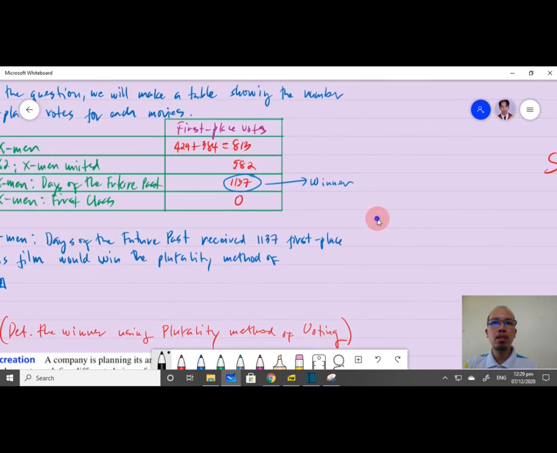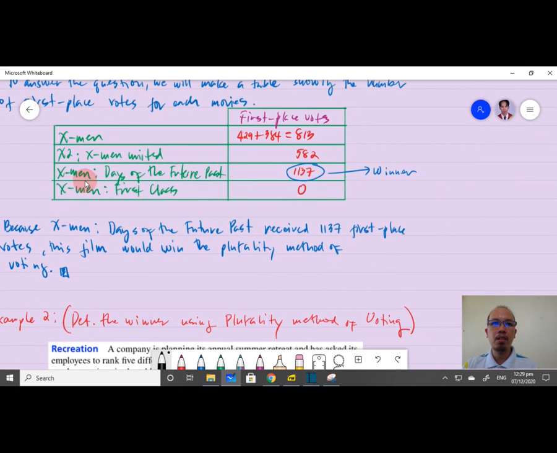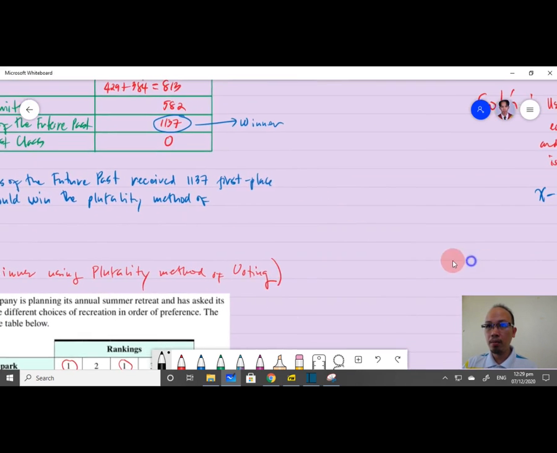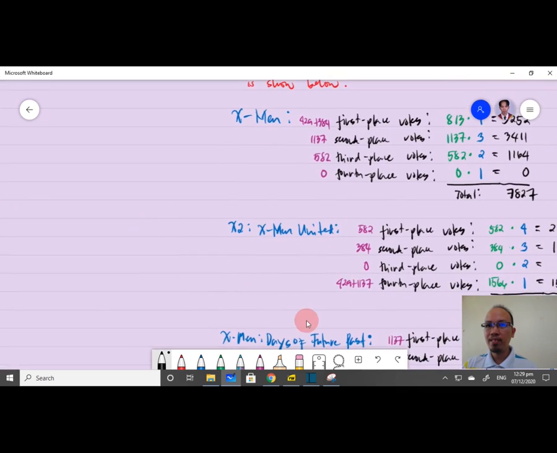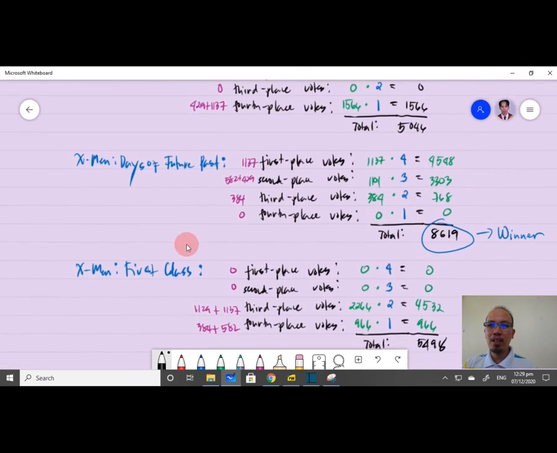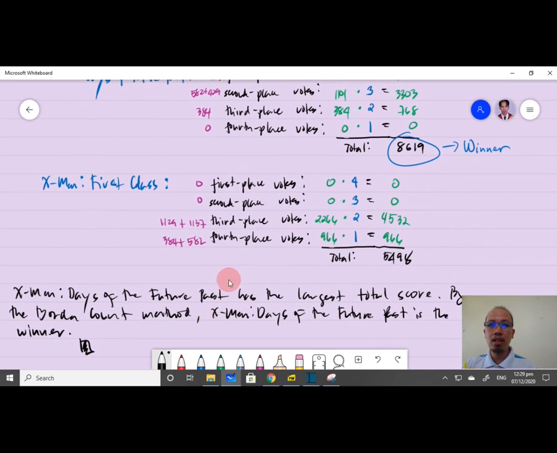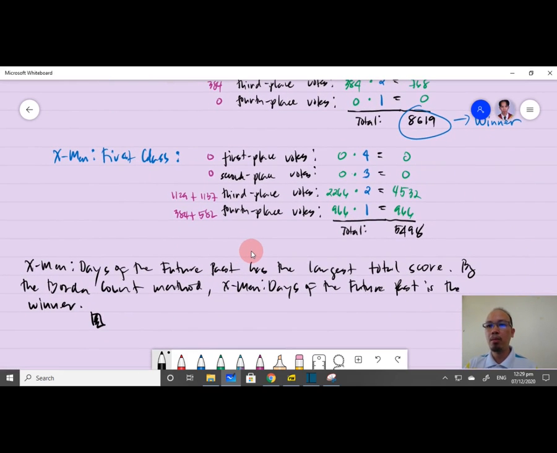The winner is the same: X-Men Days of the Future Past. The winner for the plurality is the same as the Borda count. So we have now a similarity, but that is not always the case. Please remember that.